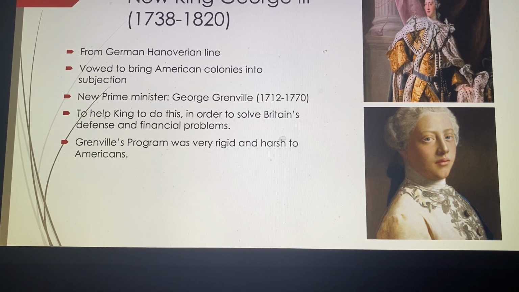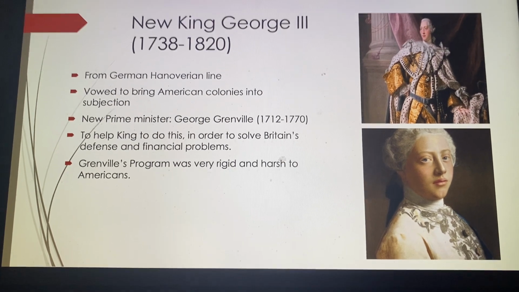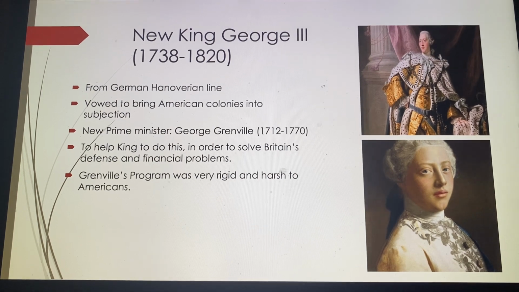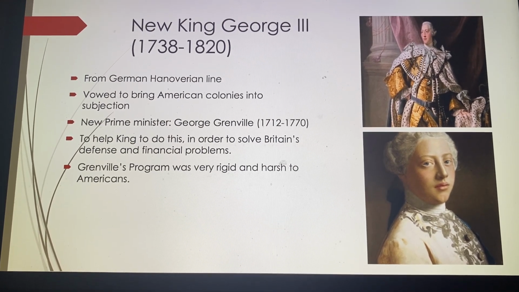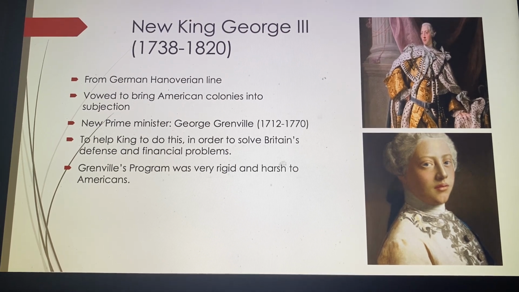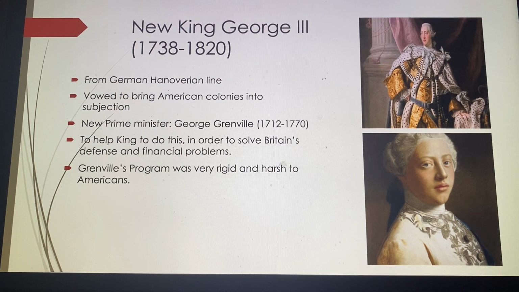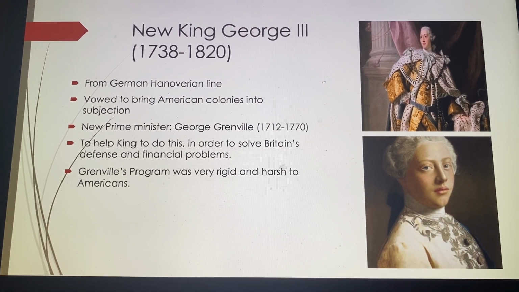And so he appointed a new prime minister, George Grenville, who lived 1712 to 1770. He would make it even harsher to be an American, not only taxing America, but putting strong holds on Americans' freedoms.